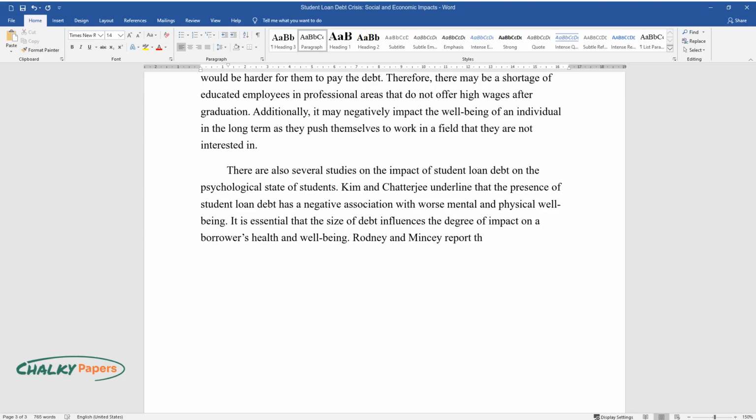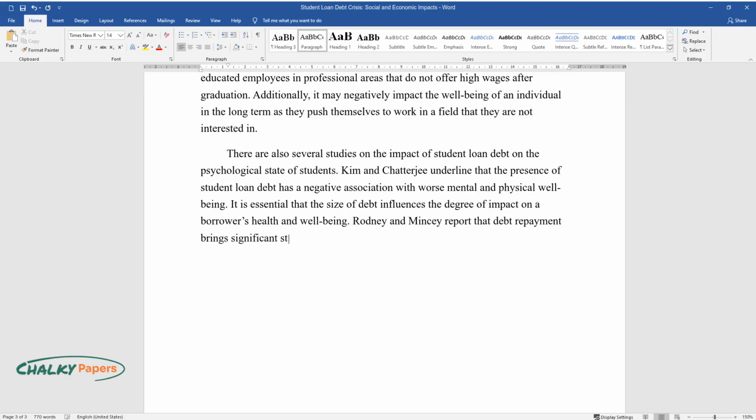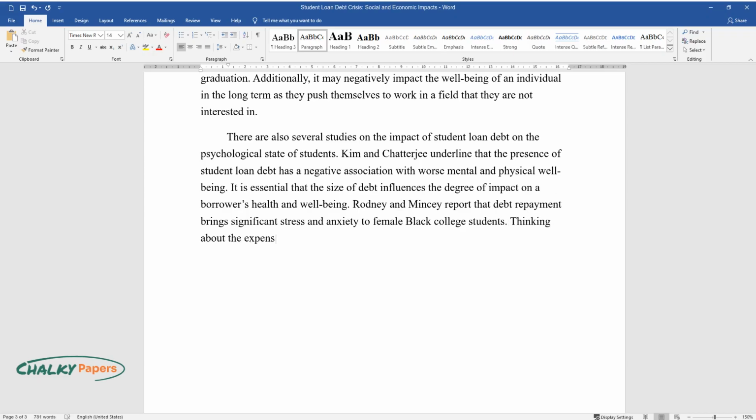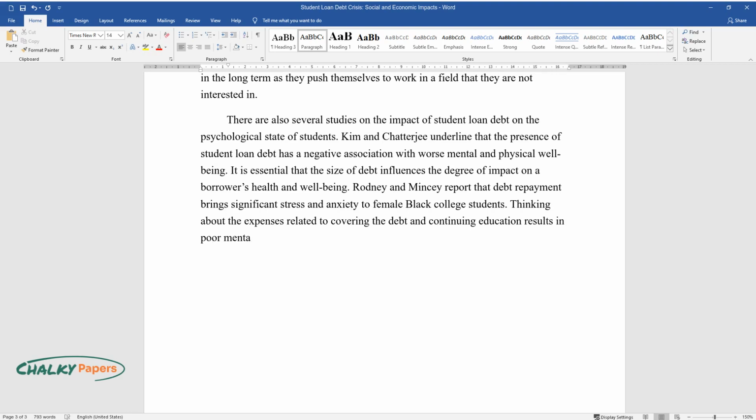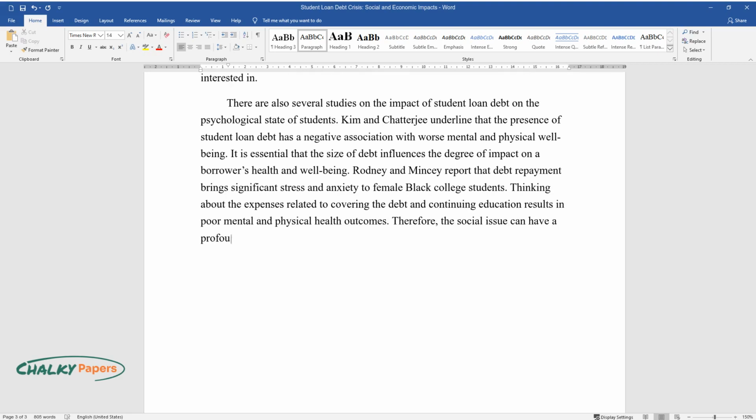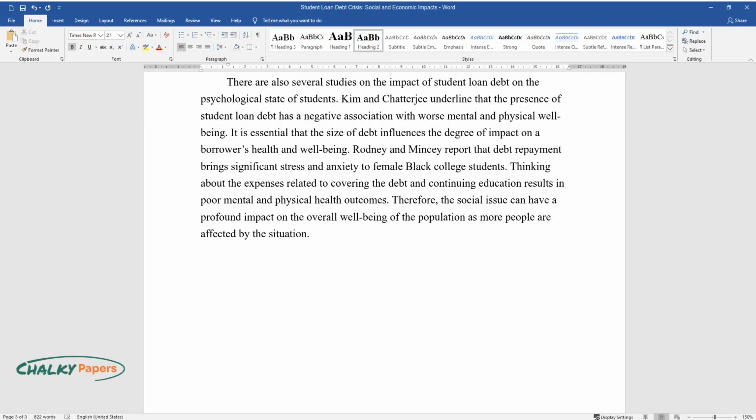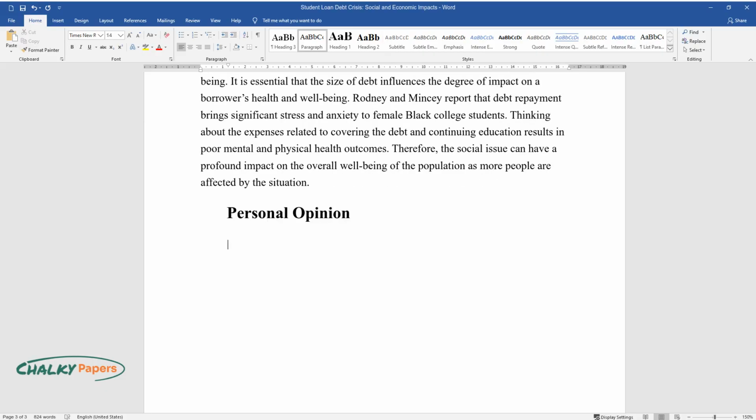Rodney and Mincy report that debt repayment brings significant stress and anxiety to female Black college students. Thinking about the expenses related to covering the debt and continuing education results in poor mental and physical health outcomes. Therefore, the social issue can have a profound impact on the overall well-being of the population as more people are affected by the situation.